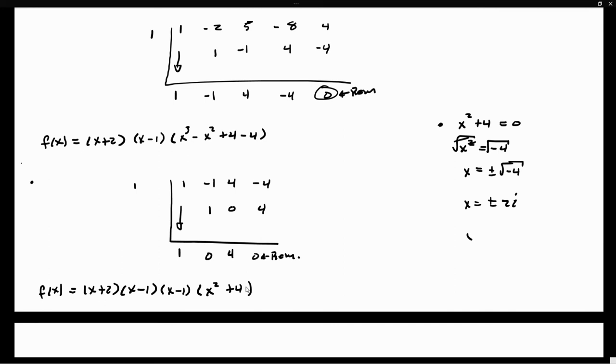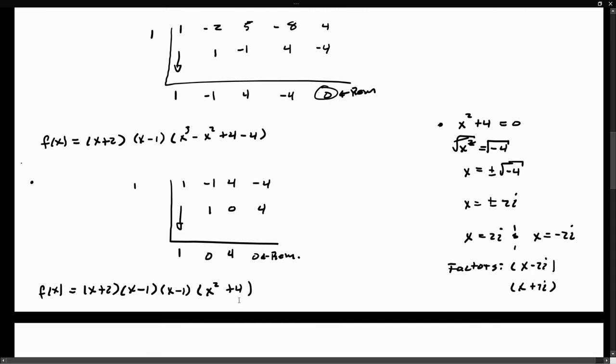So I have two solutions, x equals 2i and also x equals negative 2i. So therefore, we have properly found the factors: my factor is x minus 2i, and my second factor is x plus 2i. And that's essentially what we were missing here.